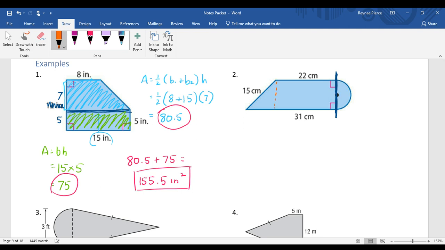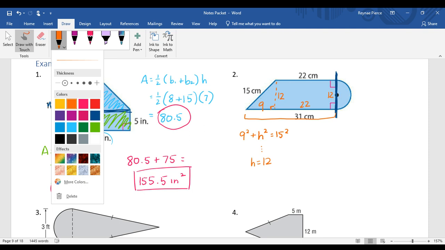But if this is 22 and all of this down here is 31, that makes this portion 9. 9 squared plus whatever the height is squared gives me 15 squared. So my height ends up being 12. Not only is my height 12, but the diameter of this semicircle is 12 also.